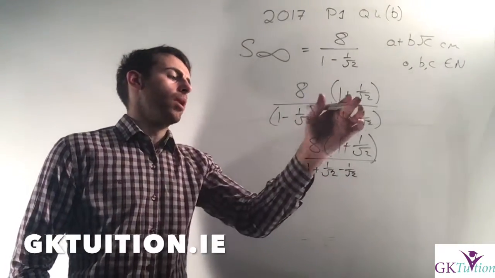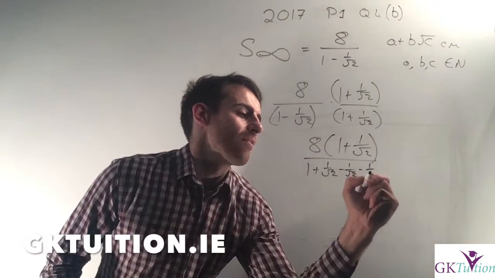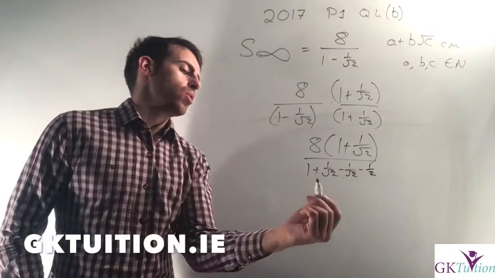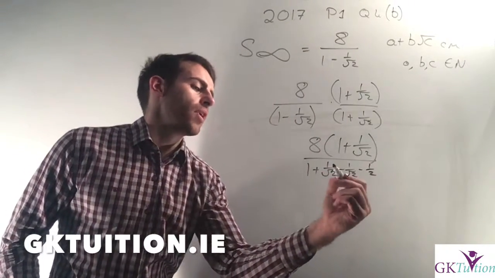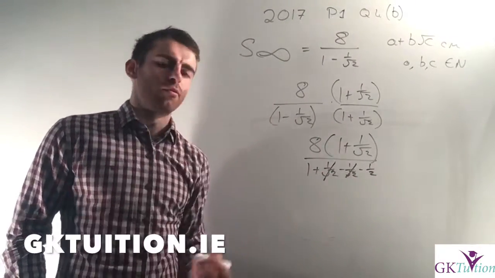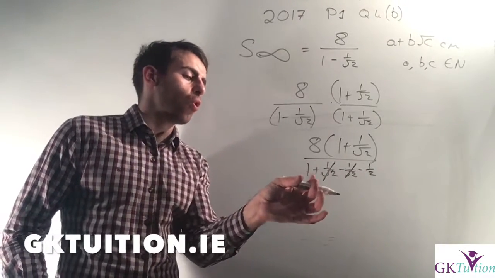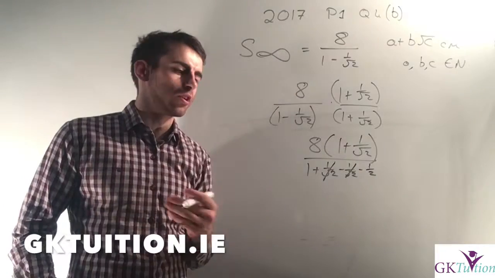Minus 1 over root 2 by plus 1 over root 2 is minus a half. So the reason I multiplied by the conjugate of the bottom was because I knew that this would happen. That plus 1 over root 2 and minus 1 over root 2 would cancel. And notice now I'm left with 1 minus a half on the bottom, so my surds are gone.